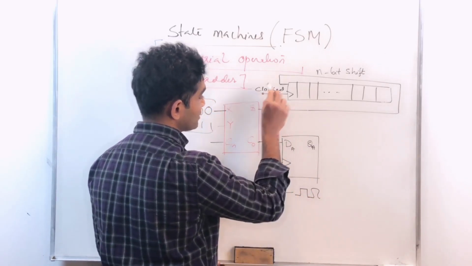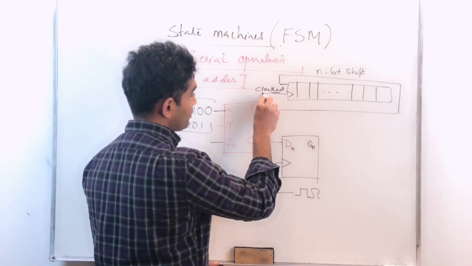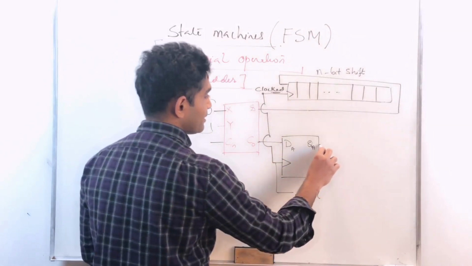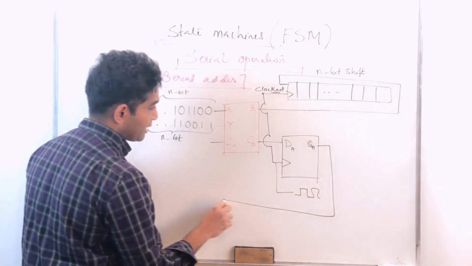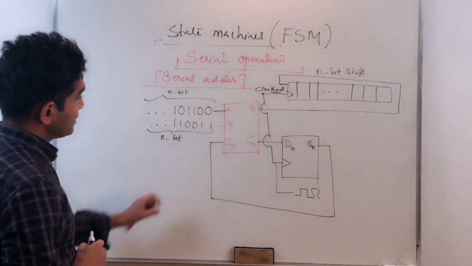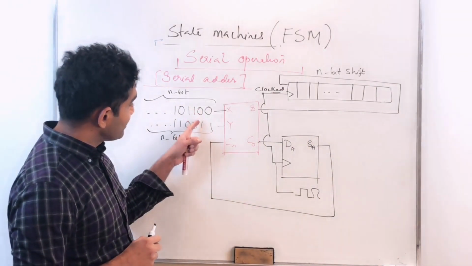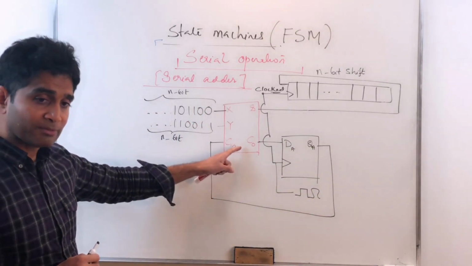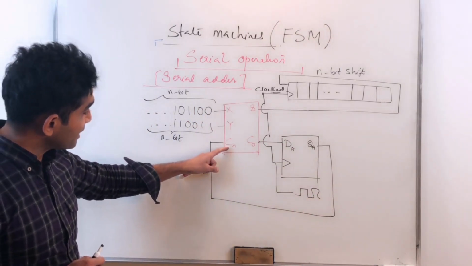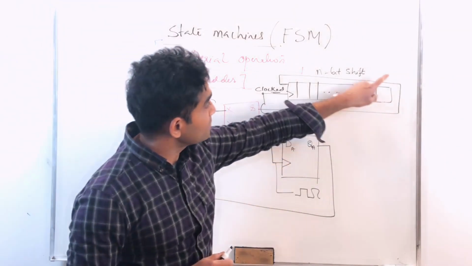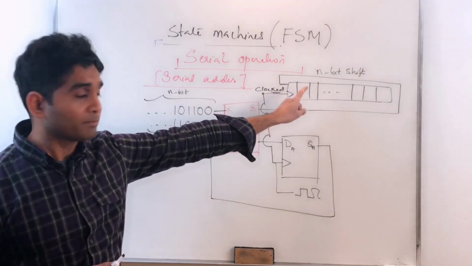So this clock signal is of course the same as this, and this C out, you have that feedback, so that every time I add two new bits, I'm also considering the previous carry generated. I'm adding the previous carry along with the two bits, producing a sum that is being shifted through this n-bit shift register.